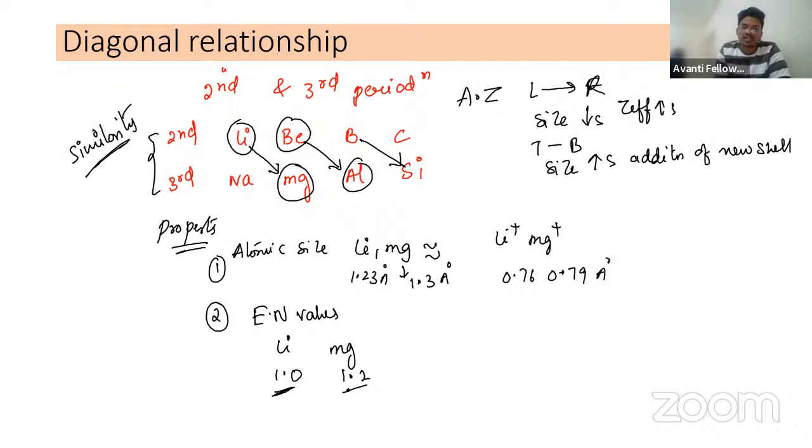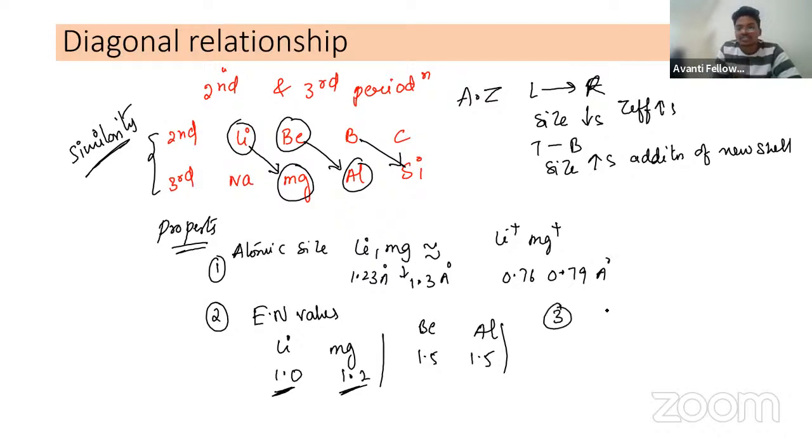For beryllium and aluminum also it is 1.5 and 1.5, so they have equal electronegativity values. That is why the second period element beryllium has a diagonal relationship with the third period element aluminum.